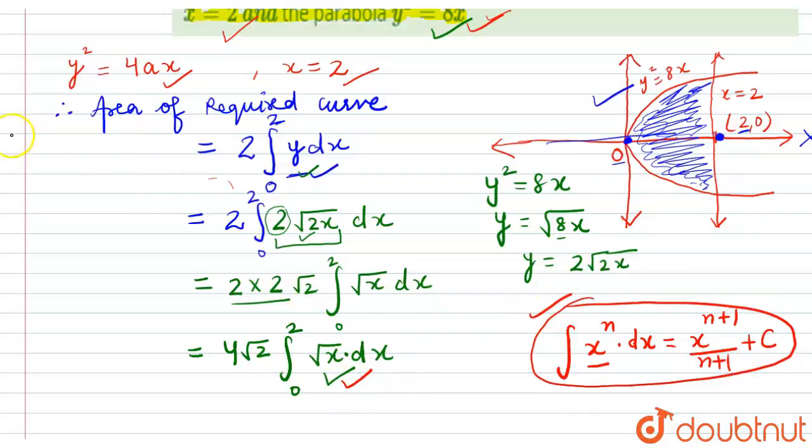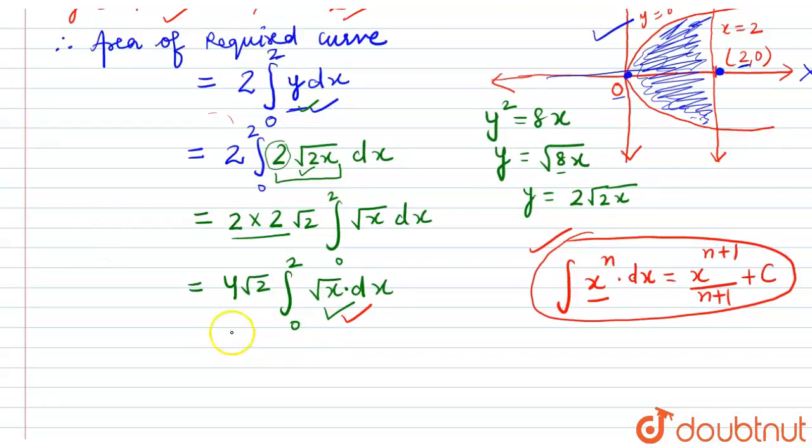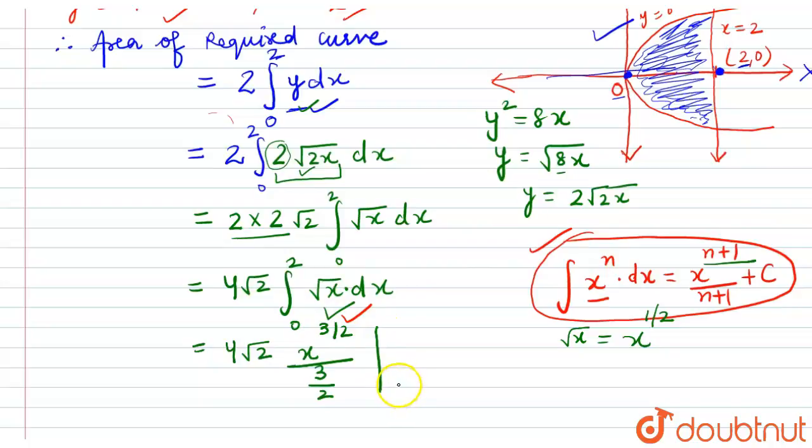Under root is nothing but x to the power 1 by 2. When we add 1 to 1 by 2, that gives us 3 by 2, and we write 3 by 2 in the denominator. In definite integration, we don't need to put the constant of integration. Instead, we just put the definite limits.